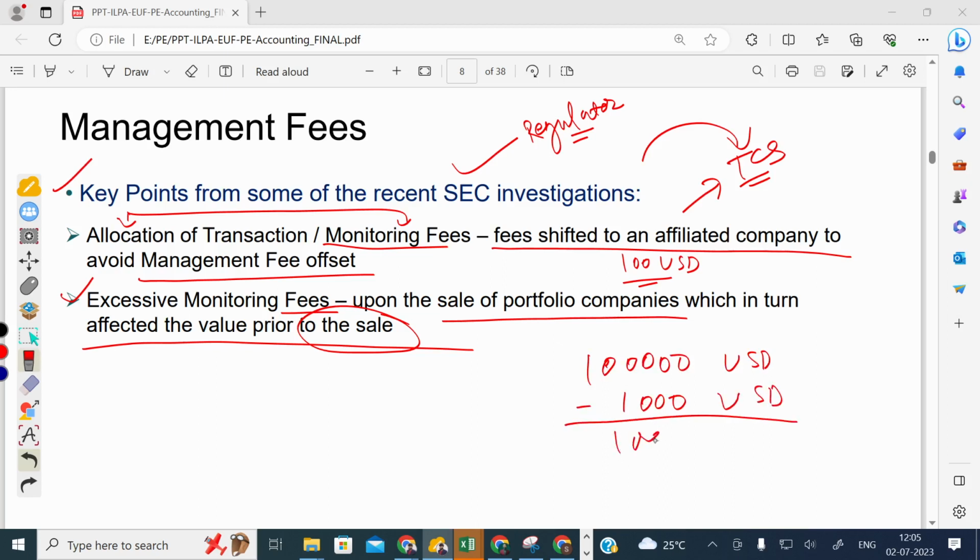So this will affect the total investment value, making it 99,000. You will receive a net amount, a different amount, so that you can offset it. So at the time of sale, you see this amount.